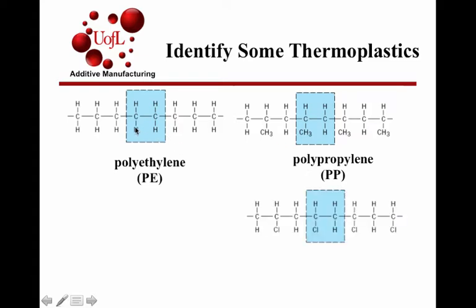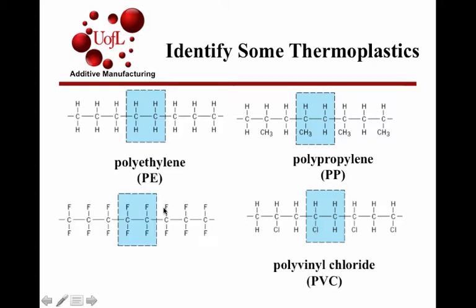Instead, you replace one of the hydrogen atoms in the ethylene repeat unit with a chlorine atom. You get vinyl chloride as a monomer and the polymer as polyvinyl chloride or PVC. Finally, you could replace all 4 of those hydrogen atoms with fluorine. You get tetrafluoroethylene, and the polymer polytetrafluoroethylene, PTFE, commonly known as Teflon.